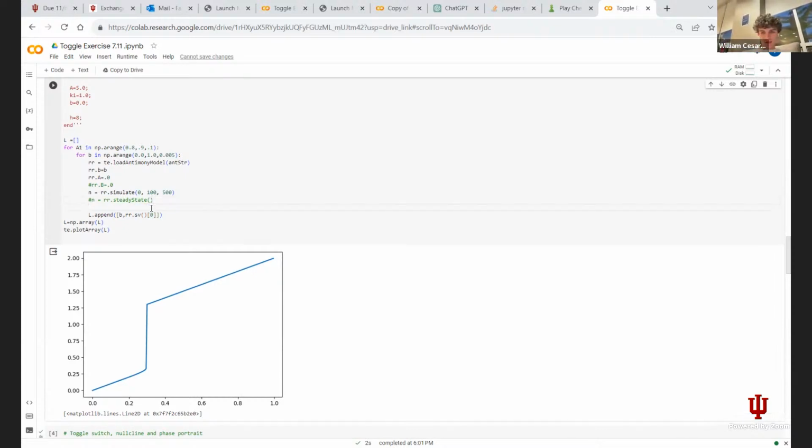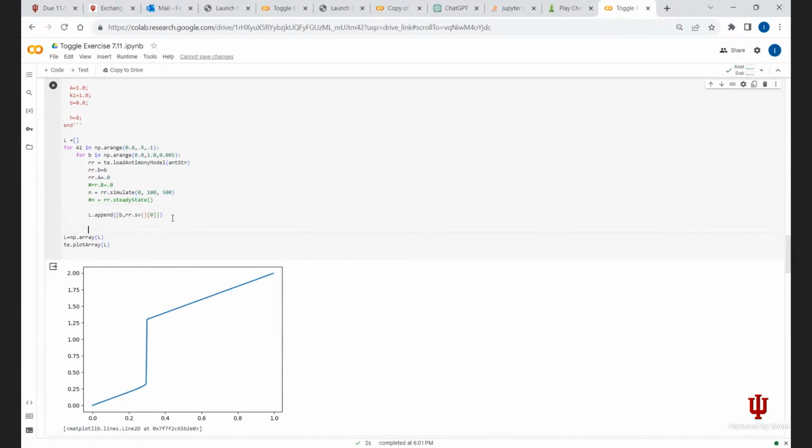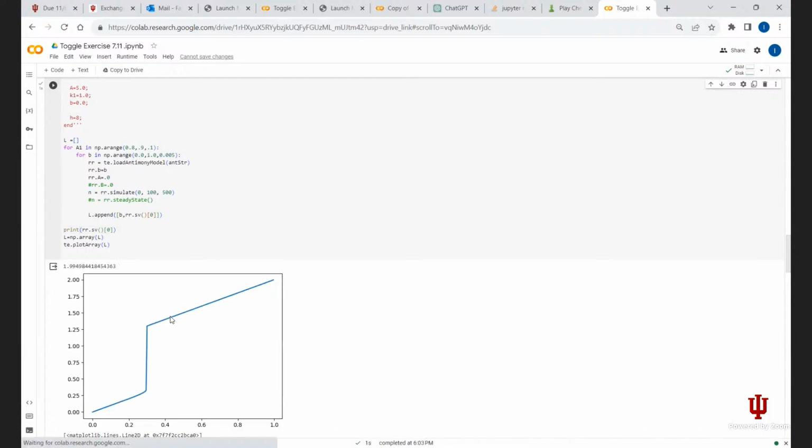I thought it's a steady state. Yeah, steady state. Okay, so it takes out the steady state value and appends it to the list. So in the end, you have a list of steady state values. So your L1 will be an array of steady state values. Can you just print RSV to see what the whole thing is, not only the first element?